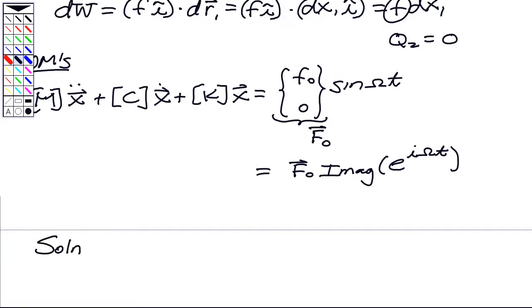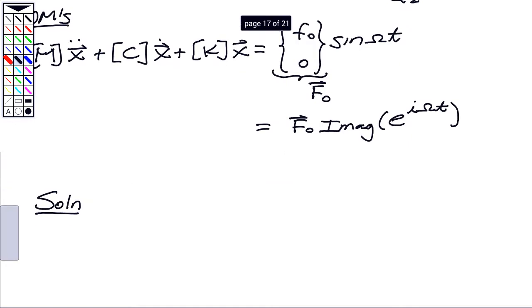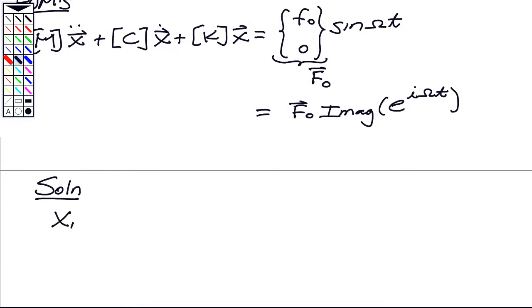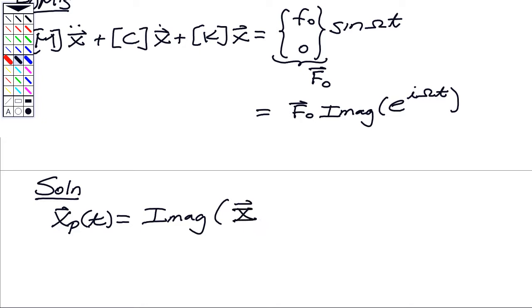So the particular solution is equal to the imaginary part of the vector X times e to the i omega t.